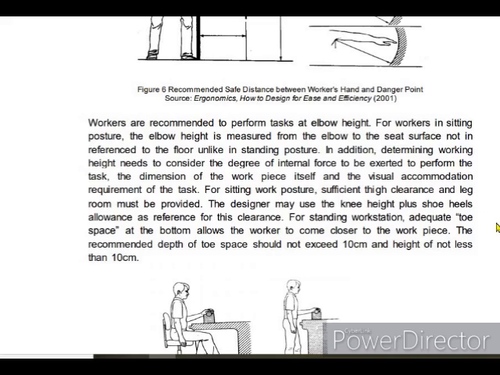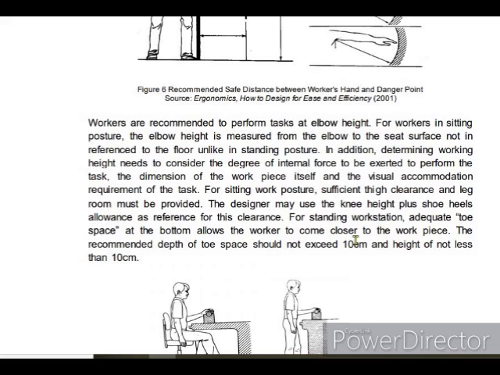In addition, determining working height needs to consider the degree of internal force to be exerted to perform the task. The height affects the force that will be exerted by the user. It also depends on the dimension of the workpiece itself and the visual accommodation requirement of the task, so there should be enough accommodation and space.